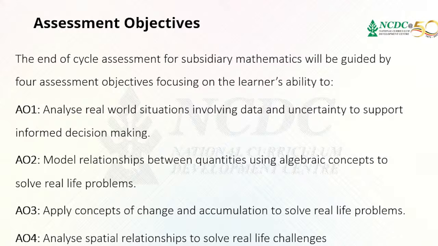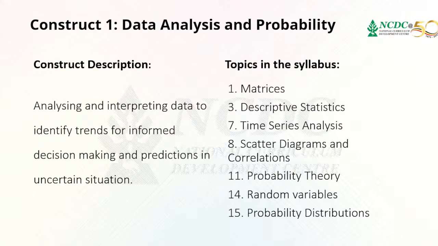And the number of assessment objectives tells the number of constructs. So we have 4 constructs in sub-math. The first one is data analysis and probability. The description of that construct is analyzing and interpreting data to identify trends for informed decision making and predictions in uncertain situations.